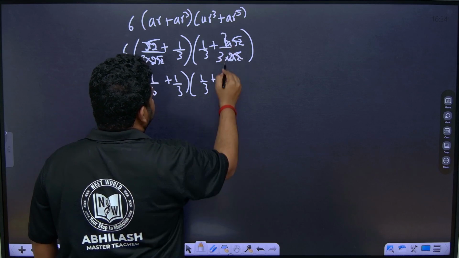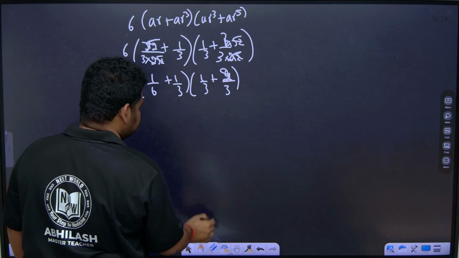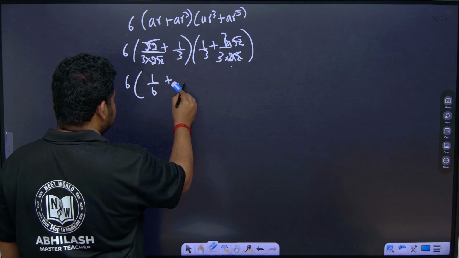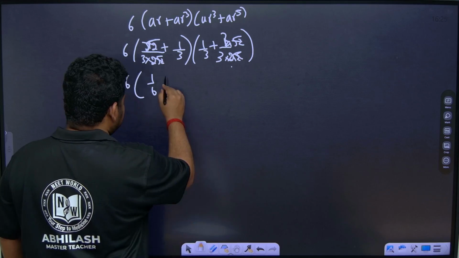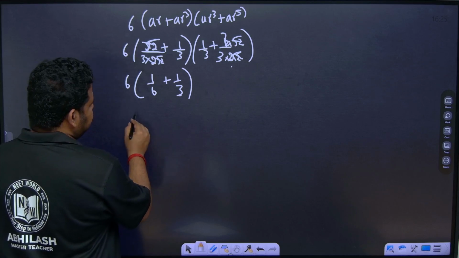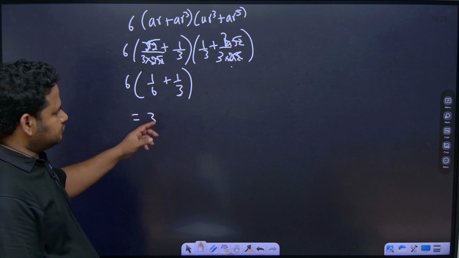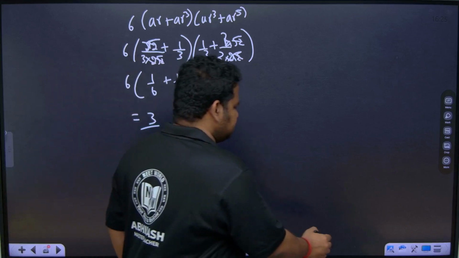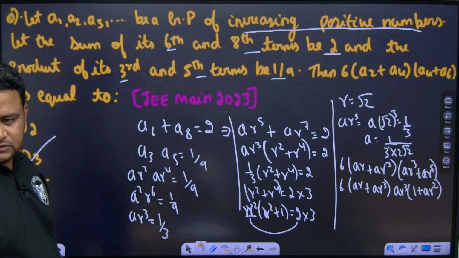So 2 by 3 plus 1 by 3 is 3 by 3, which equals 1. This is 3 by 6, and multiplied by 6, the 6 cancels, and I get 3. So what is the answer? The answer is 3. Clear? Understood? Is it fine?